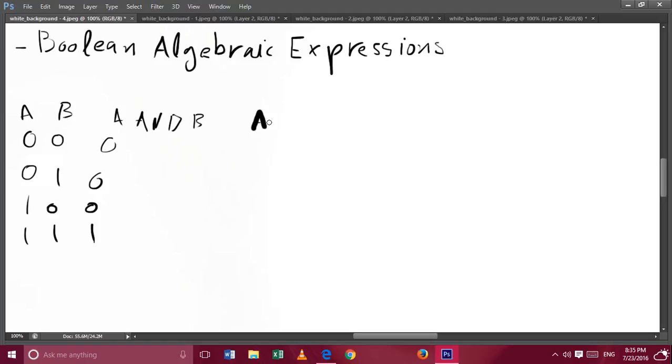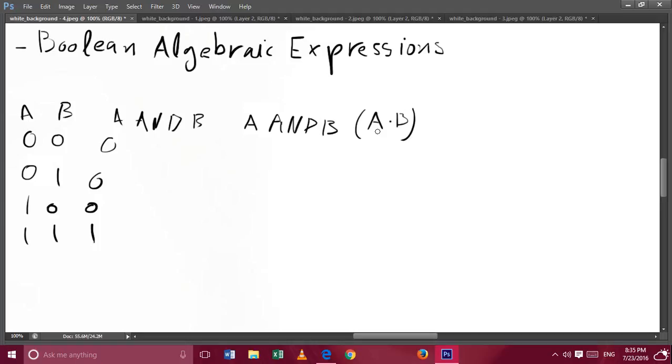Now in Boolean algebra, A and B is written like this: A dot B. See this dot right here?